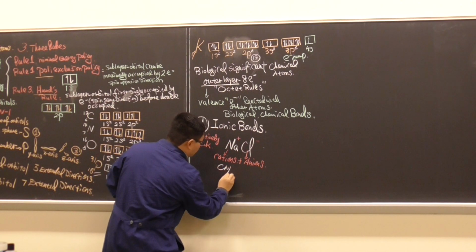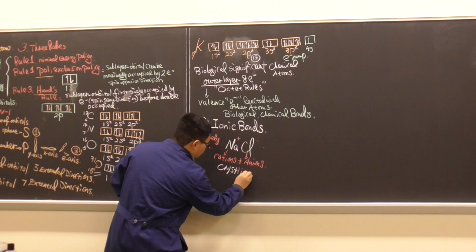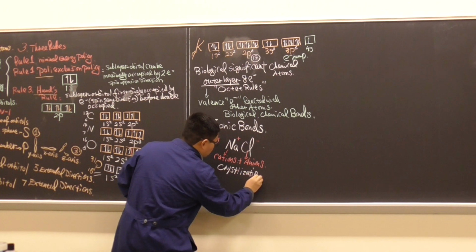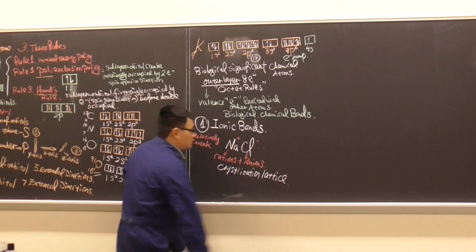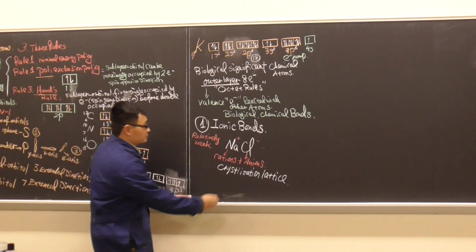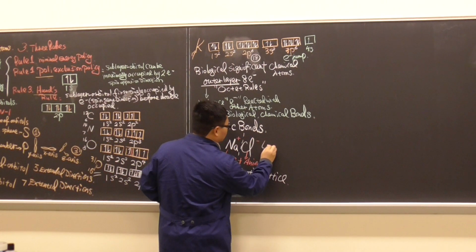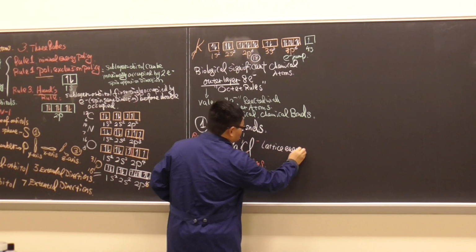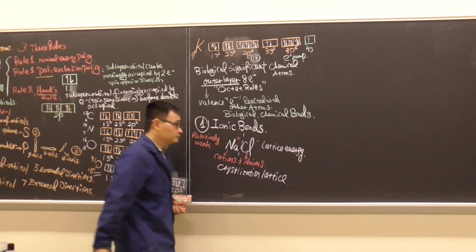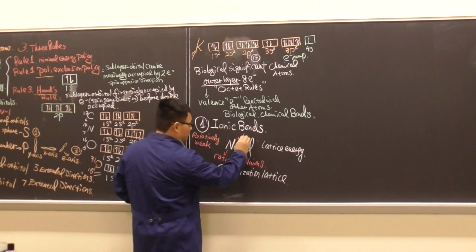So we say it's crystallization, a lattice. If you want to break them down, you definitely need to overcome the lattice energy. Okay? Now, how are they really composed?